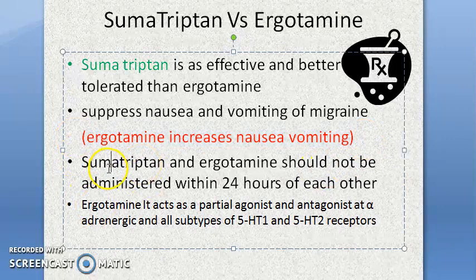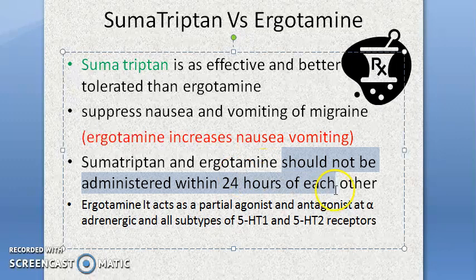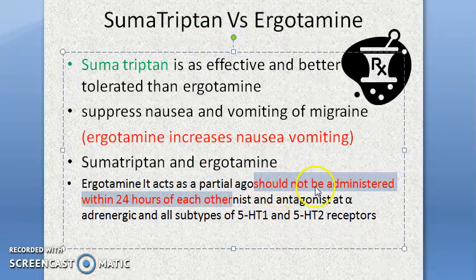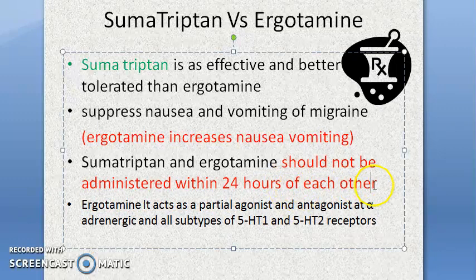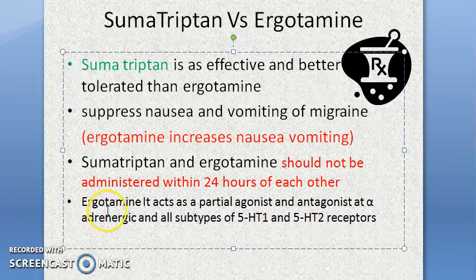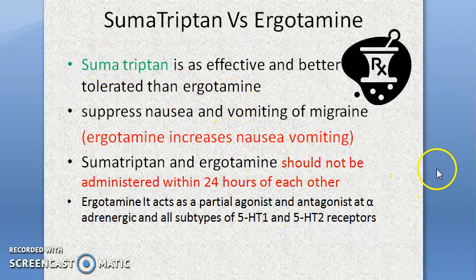Sumatriptan and Ergotamine should not be administered within 24 hours of each other. Ergotamine works as a partial agonist and antagonist. However, Sumatriptan is an agonist, right? You have already seen that in the previous slides.